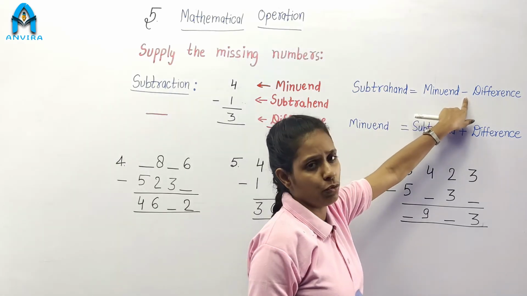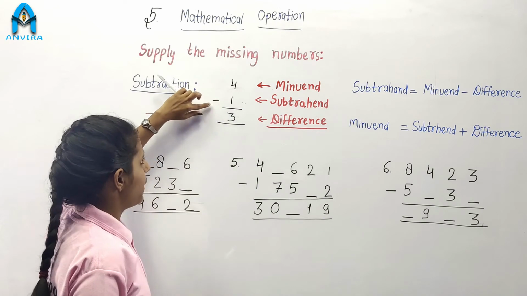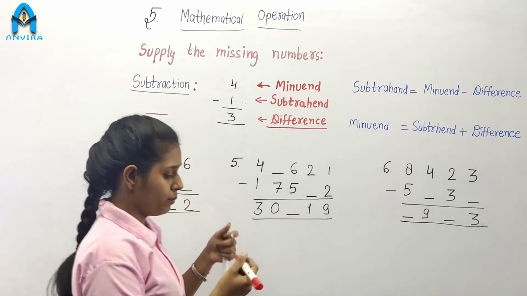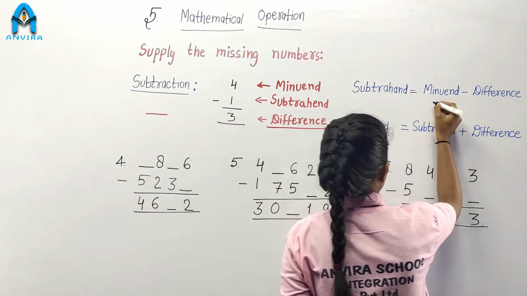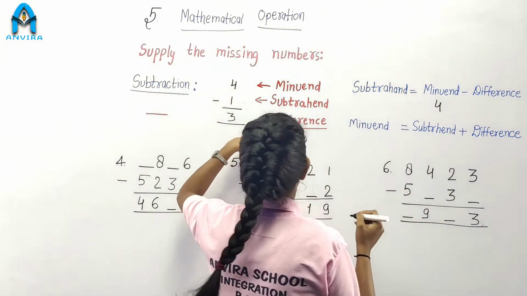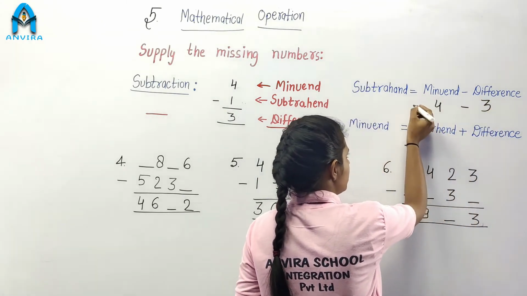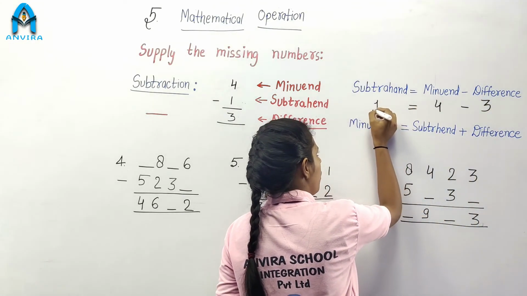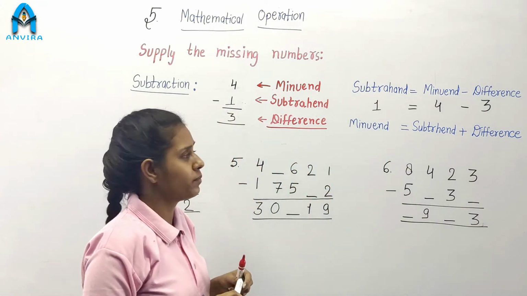We have to subtract minuend minus difference. In this, the minuend is 4 and the difference is 3. So 4 minus 3 is equal to 1 and 1 is our subtrahend, right?